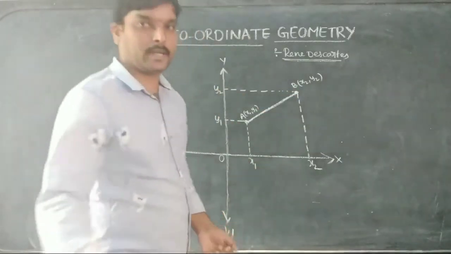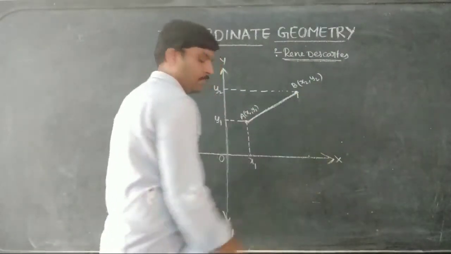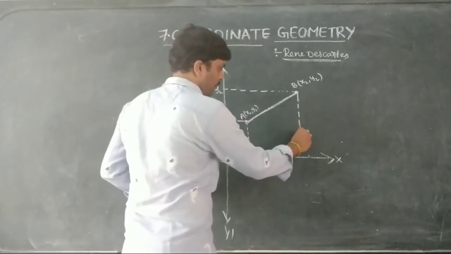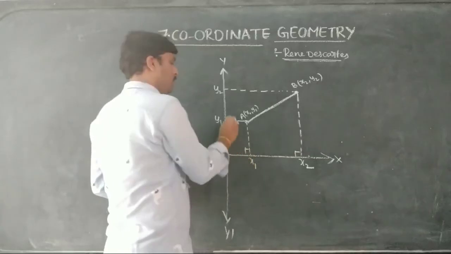You can take a straight line, not crossing, straight only. This is x2. Here 90, here 90.